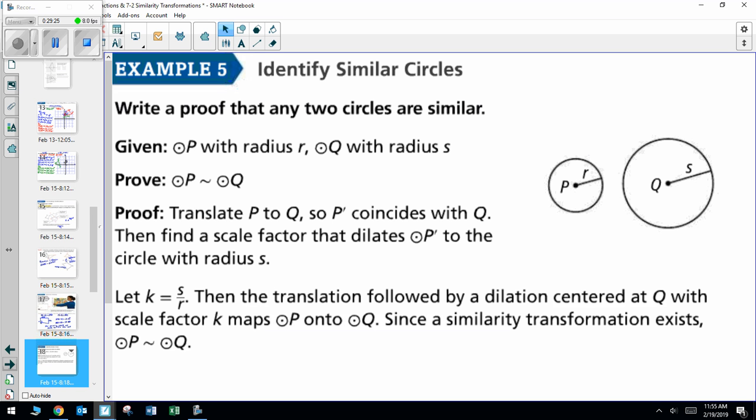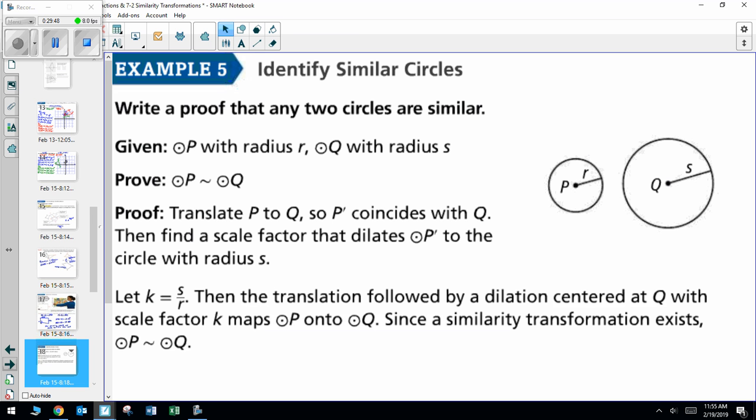Just because if I have a circle and another circle, they're related to each other because one's just a different size, bigger or smaller, right? So all circles, since by definition they're a circle, are similar to one another. And we just need a proof that says so.